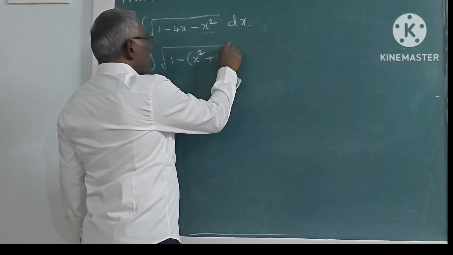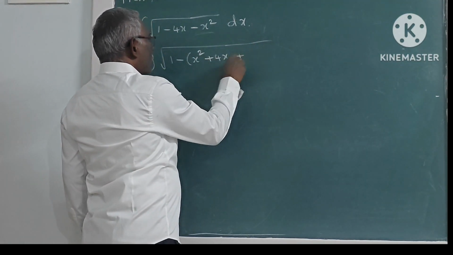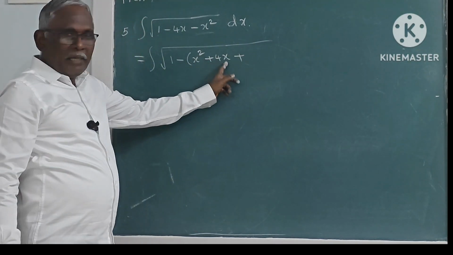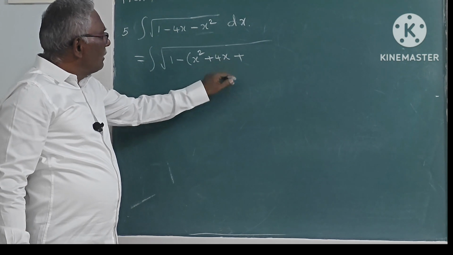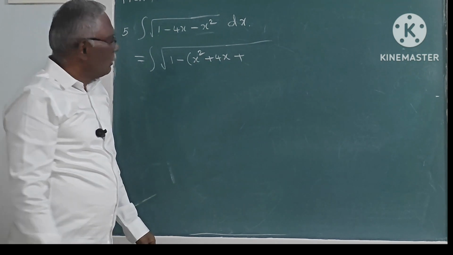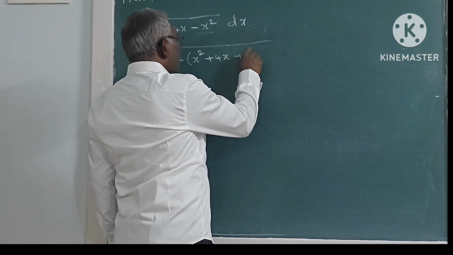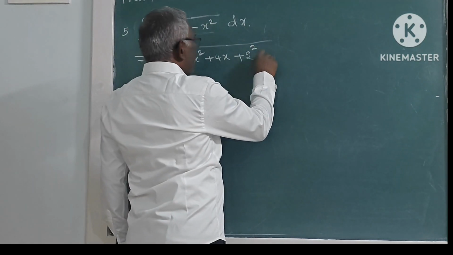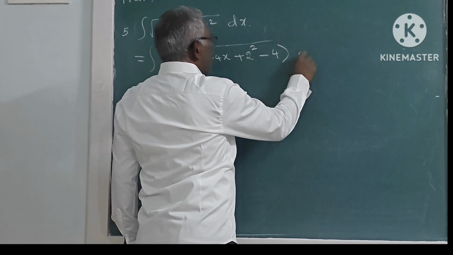To write this as a perfect square, a square plus 2ab, 2x, 4x by 2x is 2, so plus 2 square minus 4 dx.